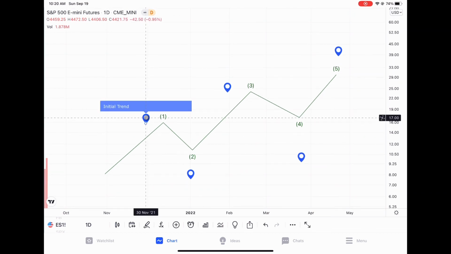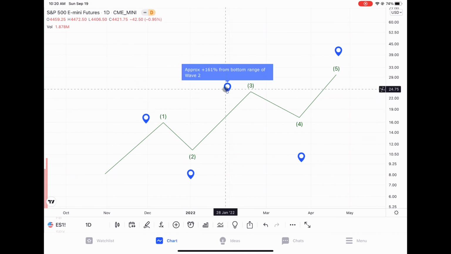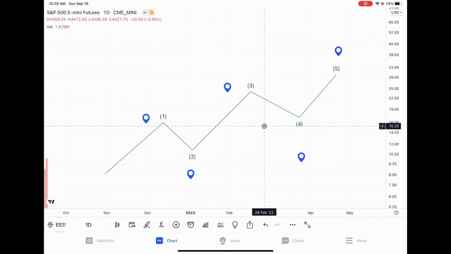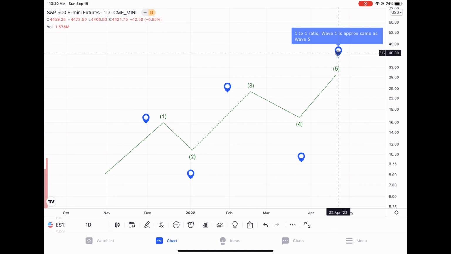Now to translate this, let me go over this. So I'm just going over these right here so you can take notes of it, or just rewind the video or whatever.